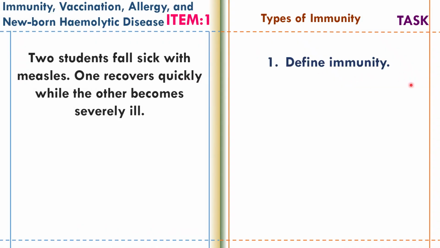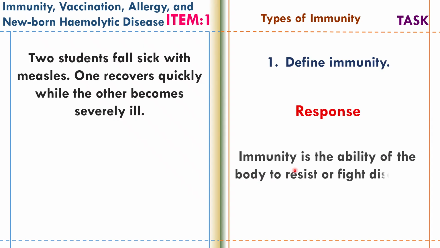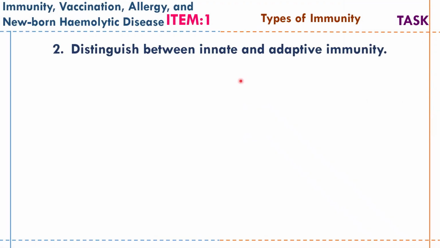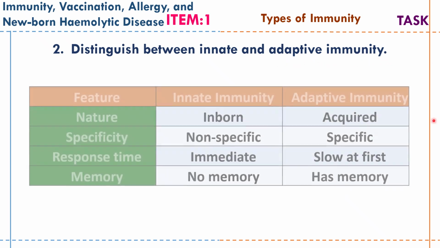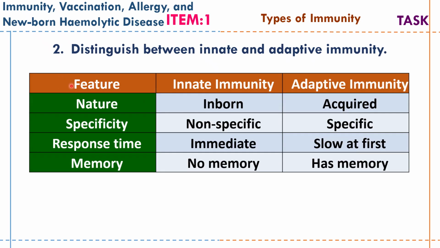Define immunity. Immunity is the ability of the body to resist or fight disease-causing organisms. Distinguish between innate and adaptive immunity. We have the features: innate immunity and adaptive immunity.